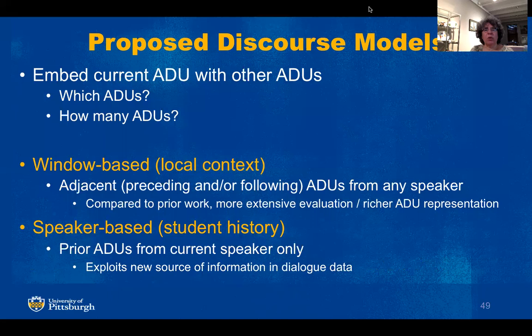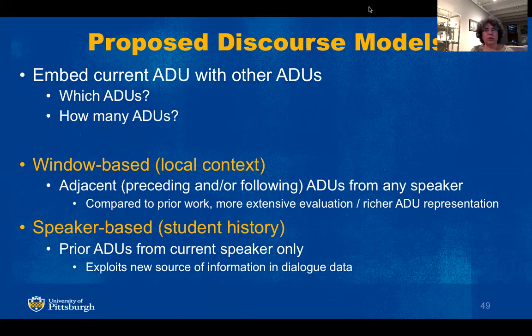So more specifically, our proposed use of discourse in this work is to not only construct embeddings based on the current ADU, but take advantage of other ADUs based on some discourse knowledge of what type of context we should consider. And so our research questions are trying to answer which ADUs should go into the windows and what should the window size be.